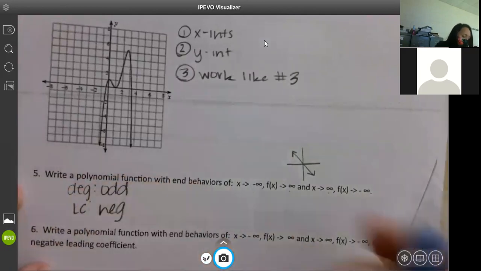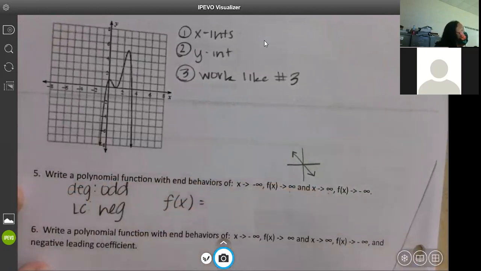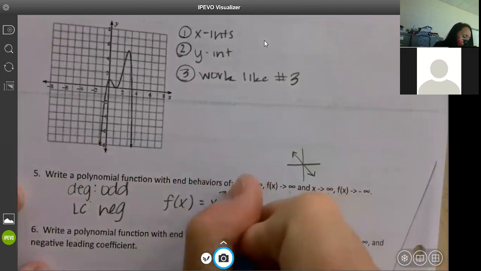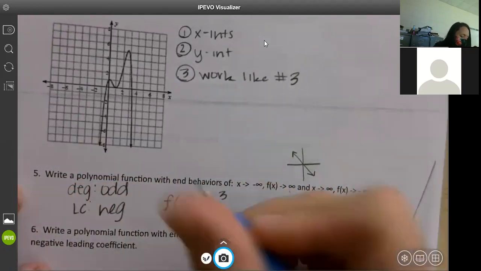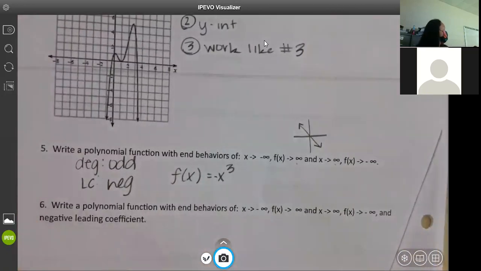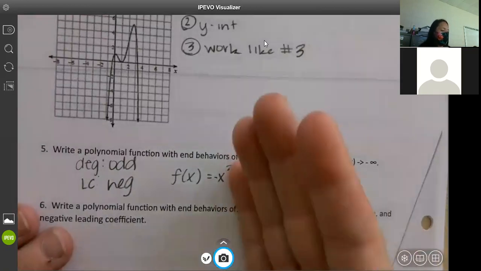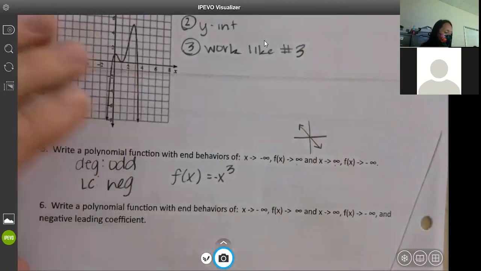Make it simple on yourself. The least odd degree, I mean, you could do 1, it's fine, but we're doing higher order, so I'm going to do x cubed. To make it negative, put a negative on the front. Don't do anything too crazy. Don't kill yourself on questions like that, okay? I'm only looking at that first term, so whatever you put after this is not going to matter.